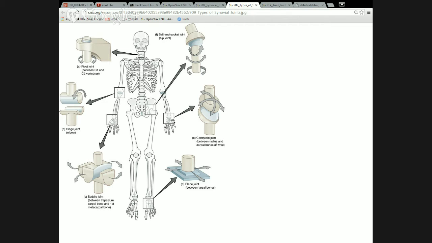Another example of a condyloid joint actually is back up in the neck. Earlier I was talking about where C1 and C2 meet, that's a pivot joint. C1 is called atlas, C2 is called axis. The joint between C1, which is atlas again, and the occipital bone is a condyloid joint.